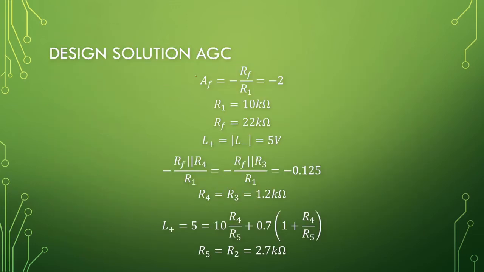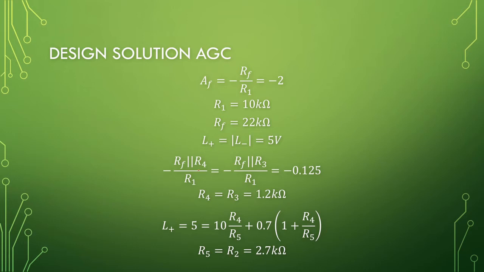The gain without limiting should be 2, so RF over R1 inverted should be equal to minus 2, and we can select 10k and 22 kilo ohms. Then L plus should be equal to absolute L minus, equal to 5 volts, with the assumption that resistors 4 and 3 are the same, and resistors 5 and 2.